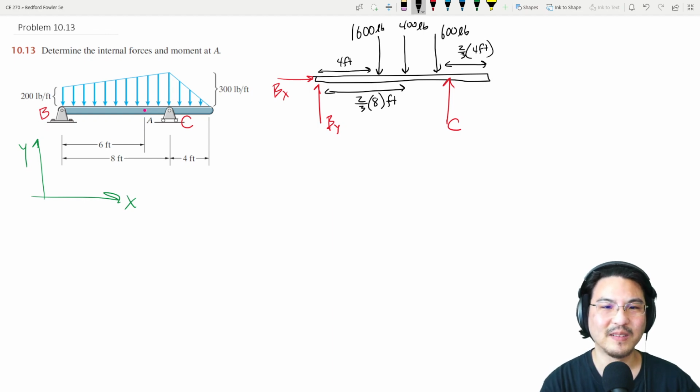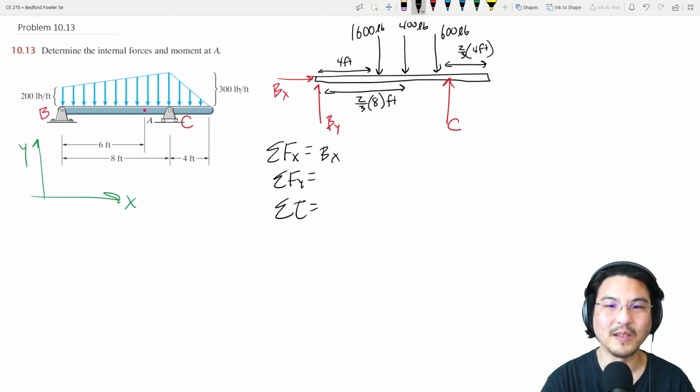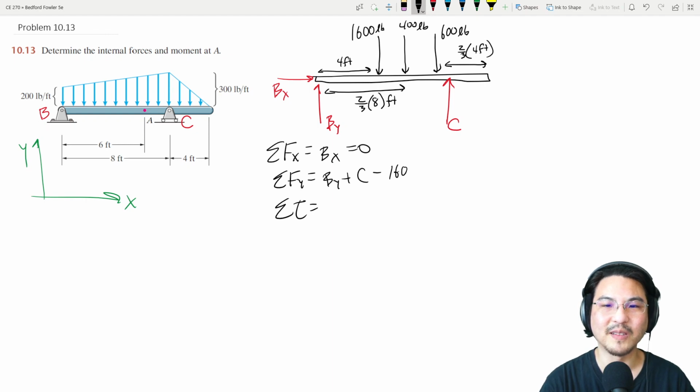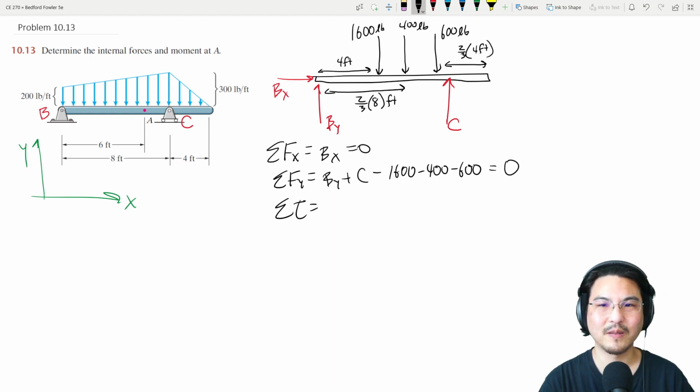So now you just solve for the reactions at the supports. So x direction, Bx; y direction, By plus C minus 1600 minus 400 minus 600. Okay, sum torque about wherever we want, let's say over here. So there's torque from this, negative 4 feet times 1600 pounds.